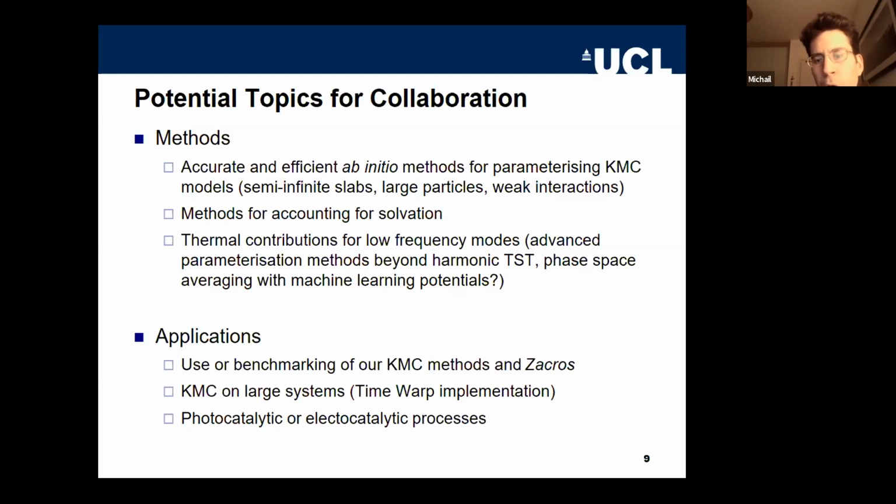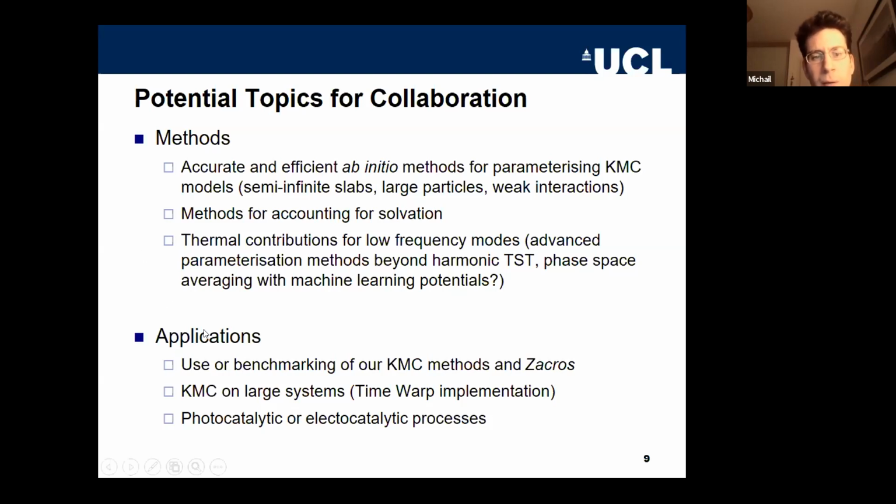And even if we have something which is real, but very low frequency, like 5, 10 wave numbers, we know that using harmonic transition state theory would not result in a very accurate rate. So I don't know if anybody is developing methods to tackle these problems, but maybe more advanced parameterization methods that go beyond harmonic transition state theory, or maybe phase space averaging with machine learning potentials or something along these lines. These would be of interest to us if anybody is developing such methods.